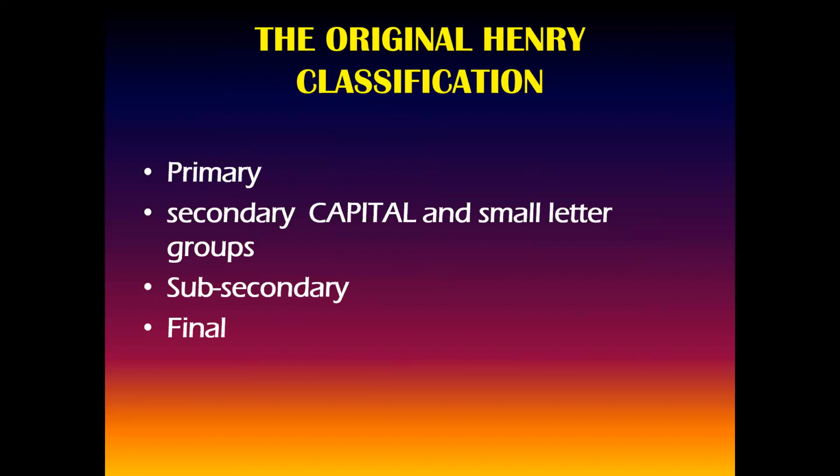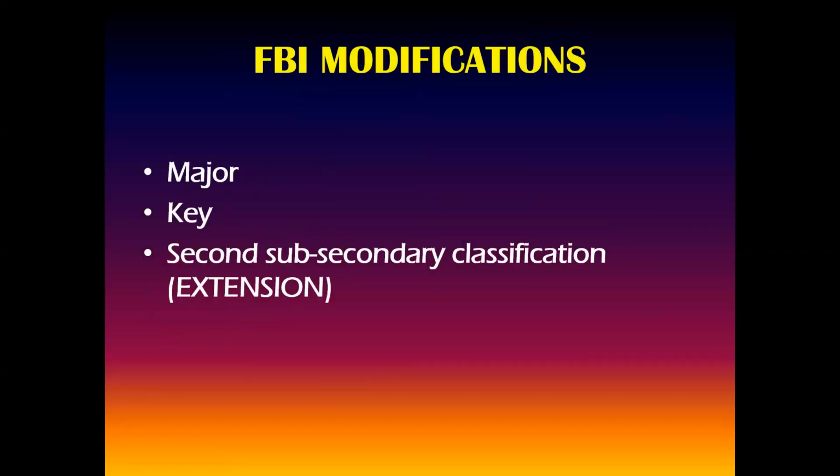That is why our system that we are using nowadays is the Henry system with FBI and NBI extensions. So ito, meron pang pangatlo na dinagdag si FBI but it is seldom used, the second subsecondary classification, and we will not include this topic in today's discussion.